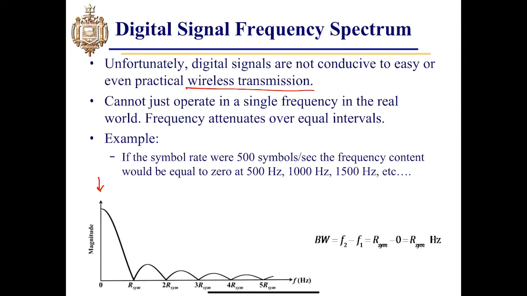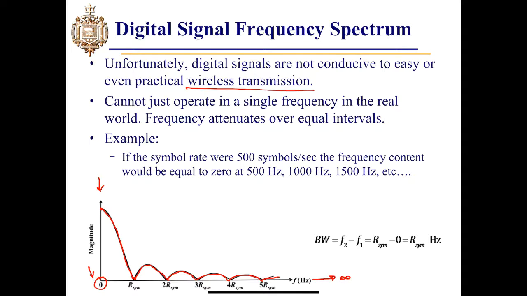In this frequency spectrum, the pulses would take the following shape during transmission. In this figure, the largest amplitude is at 0 hertz, and at regular intervals the magnitude goes to 0. You can see how the amplitude attenuates as we increase in frequency, and this does go to infinity.